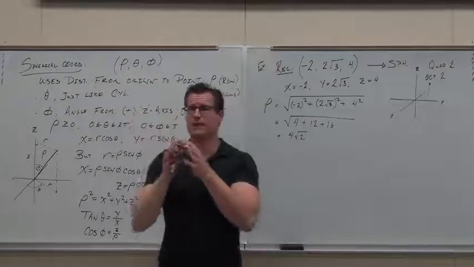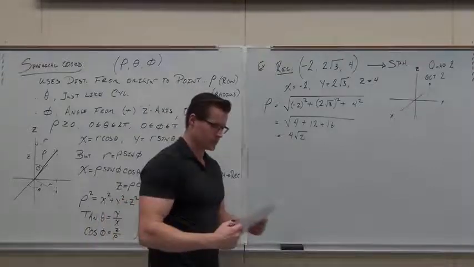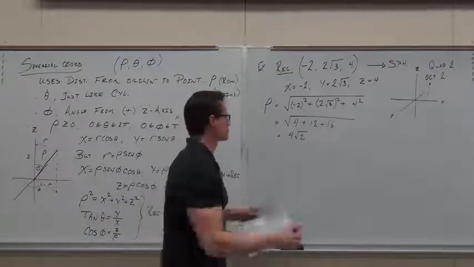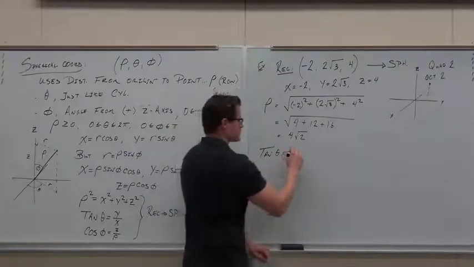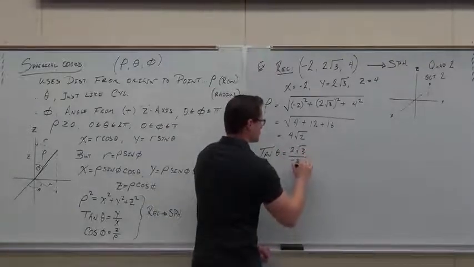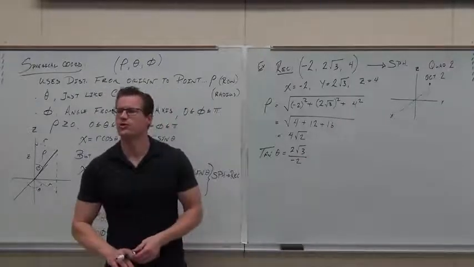Can we find our theta? Yes. How? Tan theta equals y over x. You're right. Y over x. Don't do x over y. Do y over x. Rise over run.